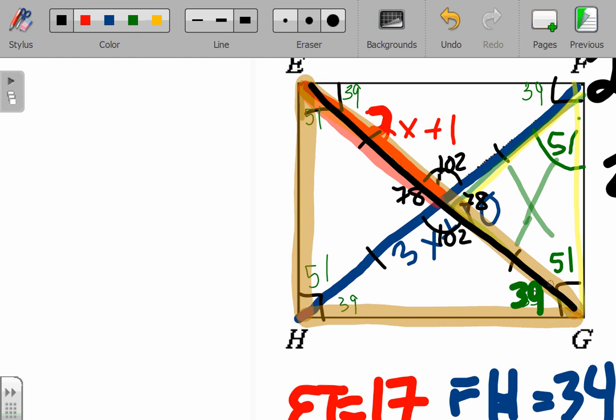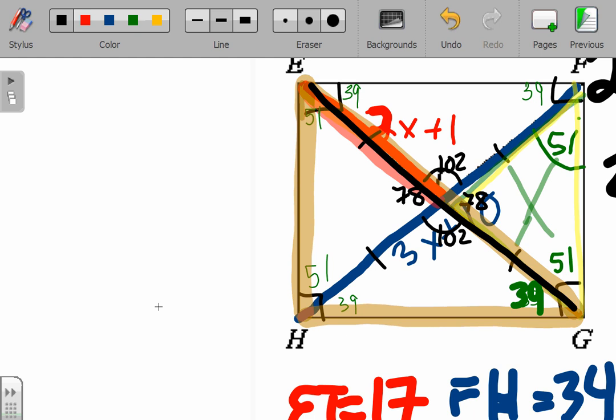Now we can solve for the outer edges. Right here, EH and HG. Doesn't matter which angle we're going to work with. I'm going to go ahead and work with the angle 39. Follow along, folks. This should start ringing a bell, kind of giving you a creepy feeling.